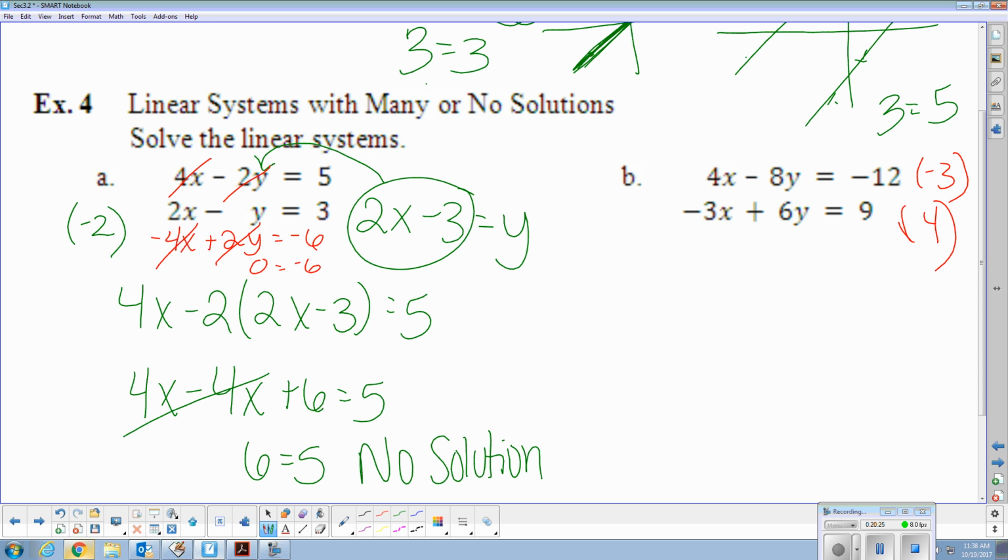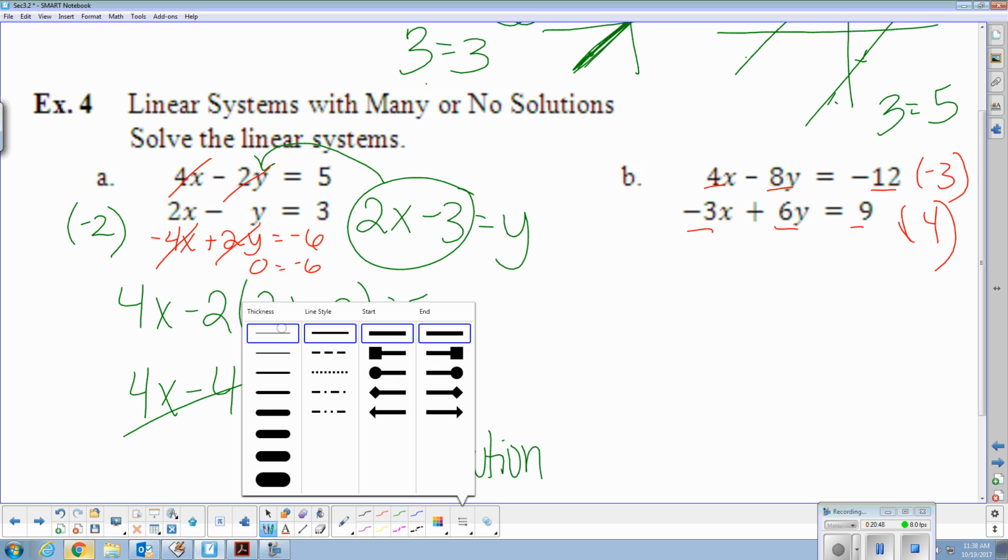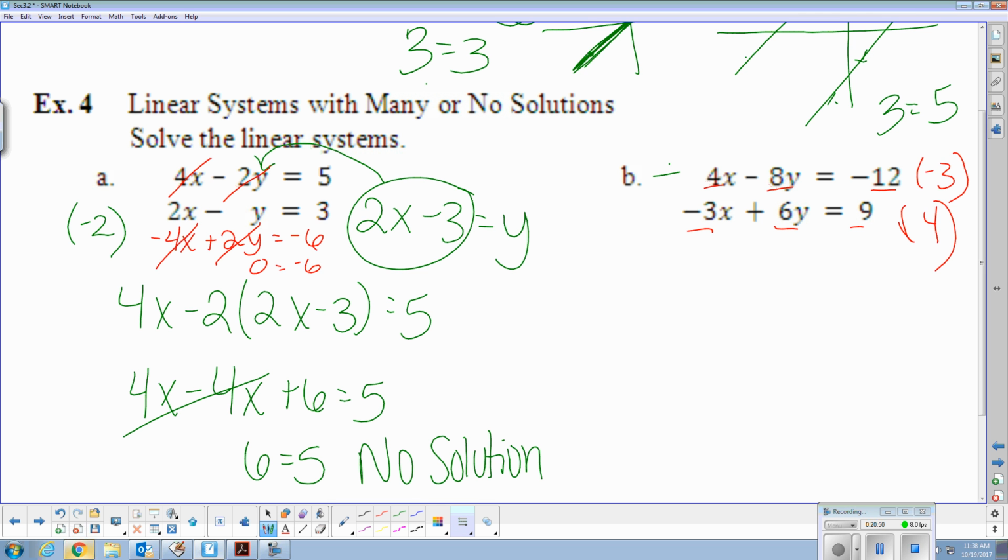Something I often do is if I see like 3, 6, 9, and 4, 8, 12, those are all multiples of 3 and 4. You can also multiply by fractions, which is the same as dividing. So you can multiply by -3, and you can multiply by 4. You could also divide this by 4, which is the same as multiplying by 1/4.